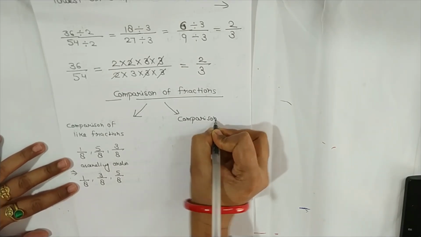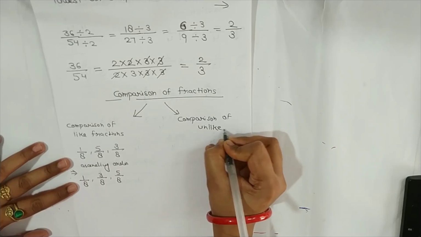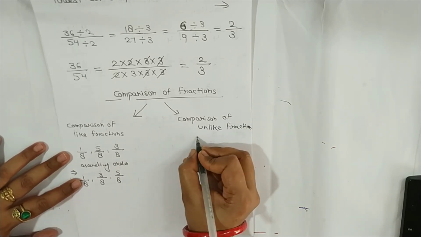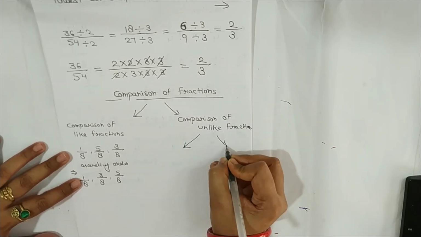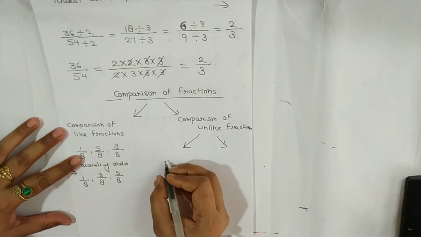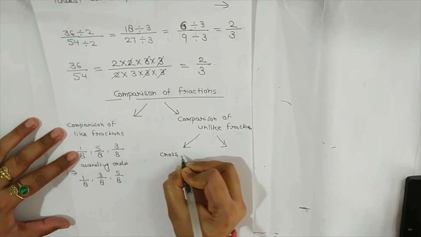Then comparison of unlike fractions. In unlike fractions there are two methods to compare the fractions. First method is the cross multiplication method.